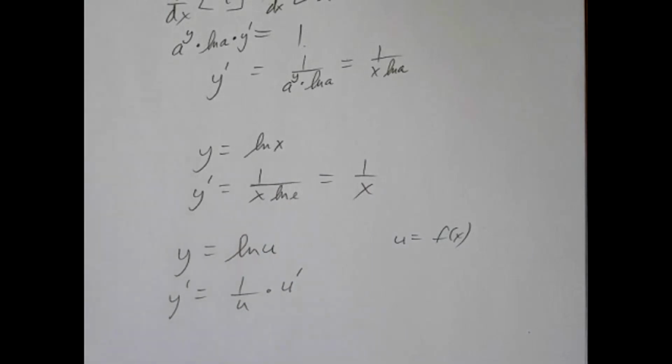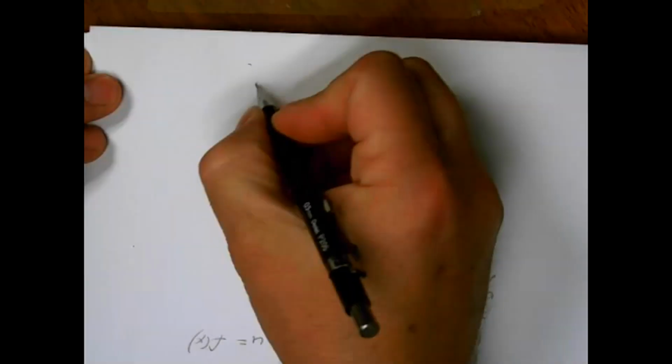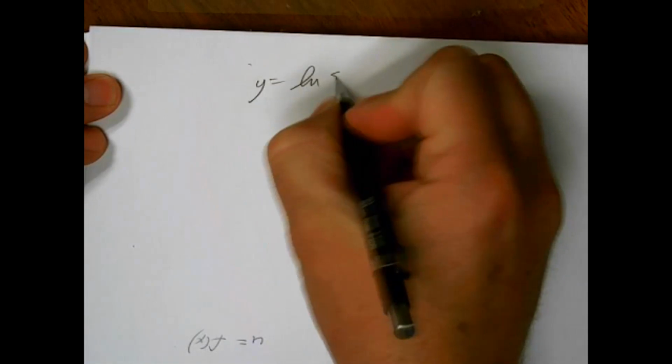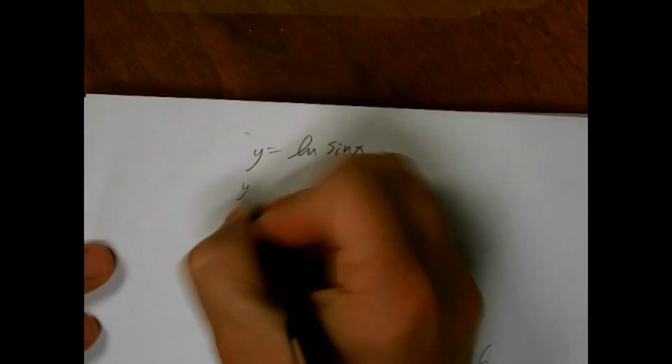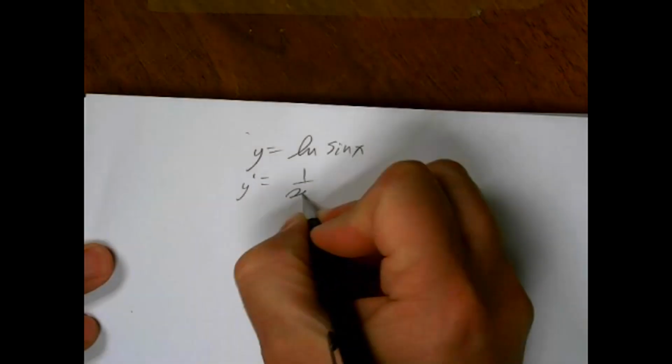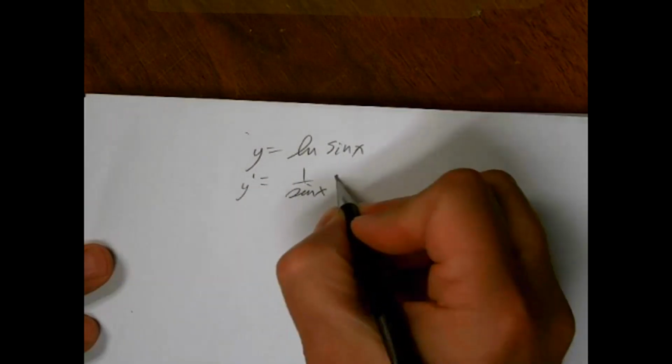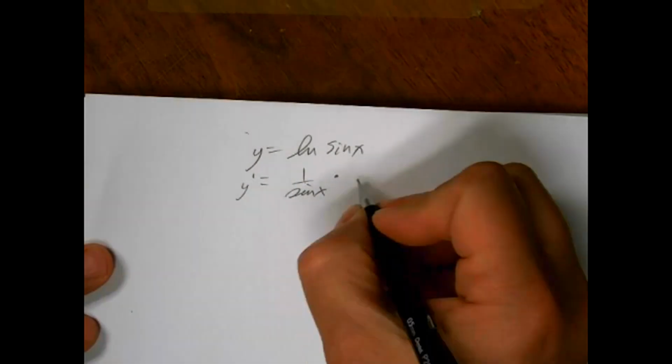All right, so for something like, if we had y equals natural log of sine of x, applying that result would tell us that y prime would be 1 over sine of x. Right, that's for the natural log part. Moving inside, derivative of sine is cosine of x.